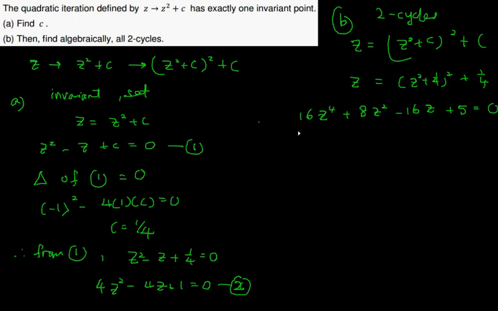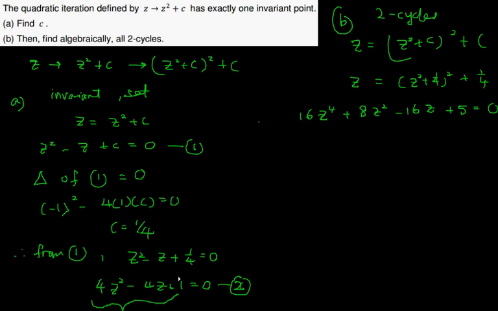Now as I mentioned just now, we would definitely get some byproduct, and that byproduct will be the invariant point. And so that implies that this expression right here, part of equation 2, would appear as a factor of this quartic expression. Because to find the invariant point is by solving equation 2.